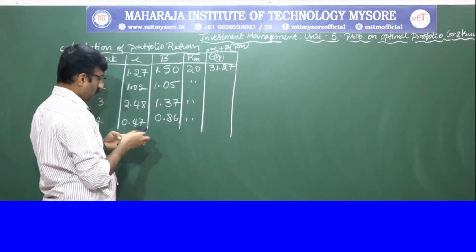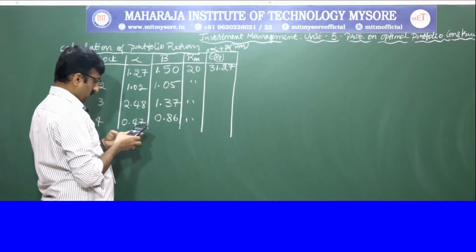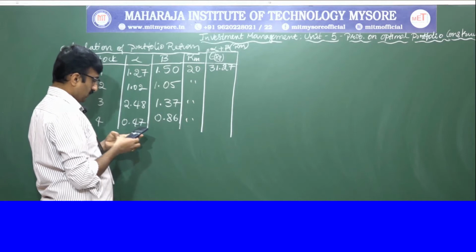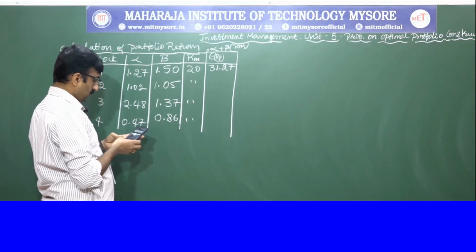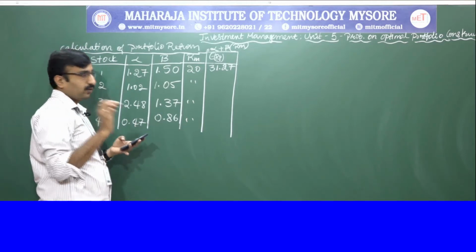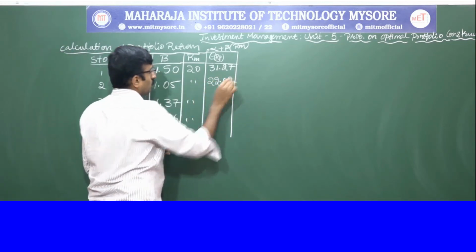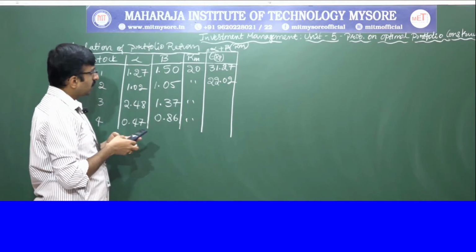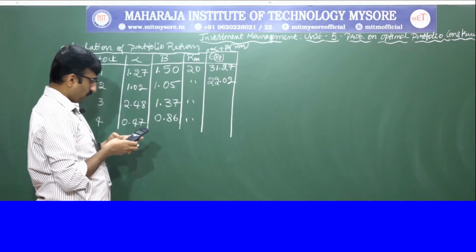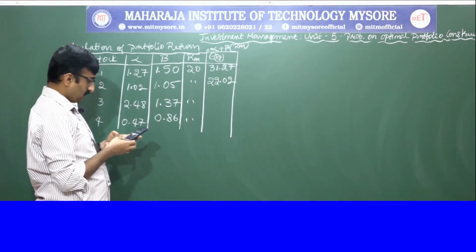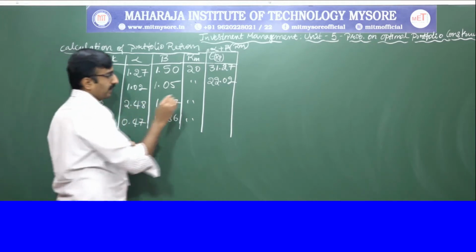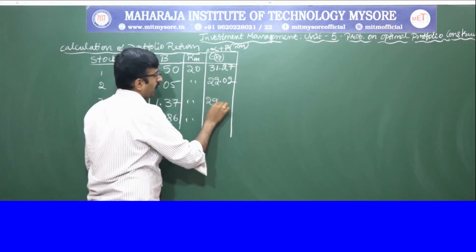Same thing for the subsequent: 20 into 1.05 plus 1.02, so you will get 22.02. Then we have 20 into 1.37 plus 2.48. So how much will you get? You will get 29.88.